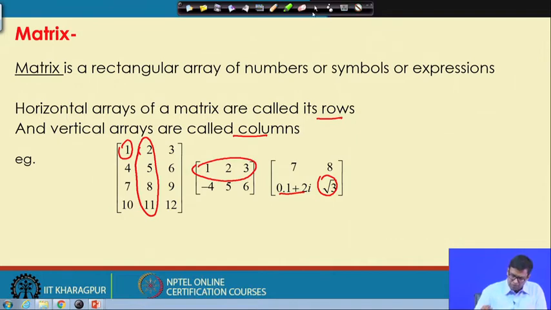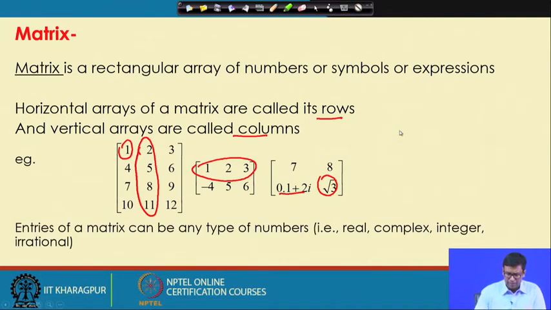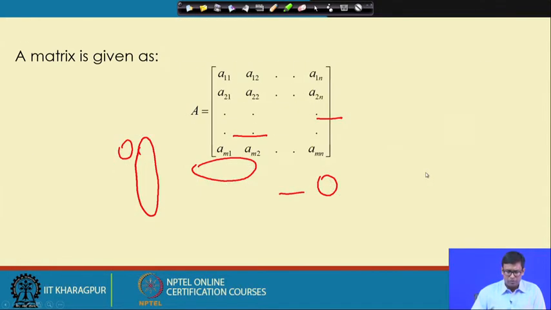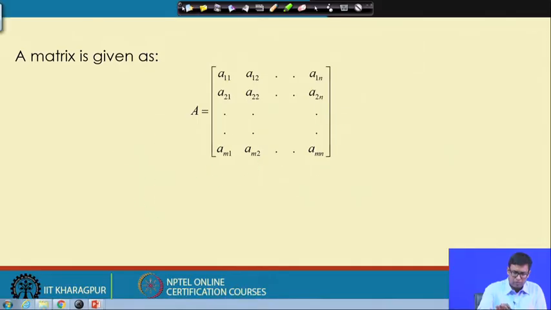As I said, entries of a matrix can be any type of numbers: real, complex, integer, imaginary, irrational, and we may have Boolean matrices also. So, a matrix is usually given as a rectangular array, where the entries can be anything, with a number of entries directed along rows and columns.